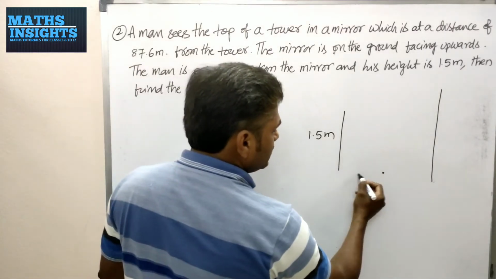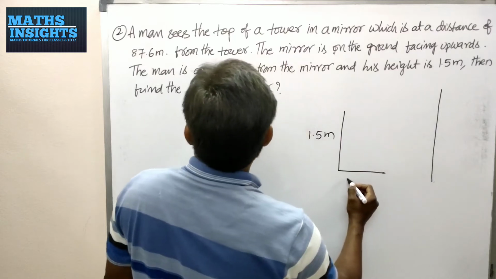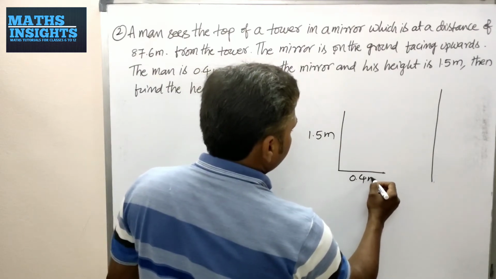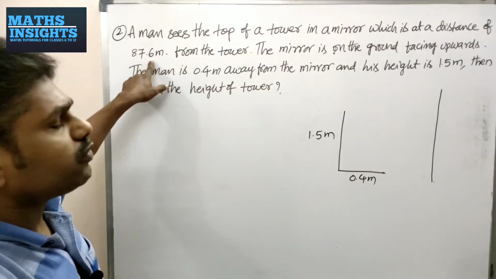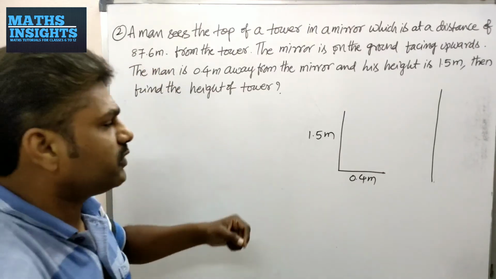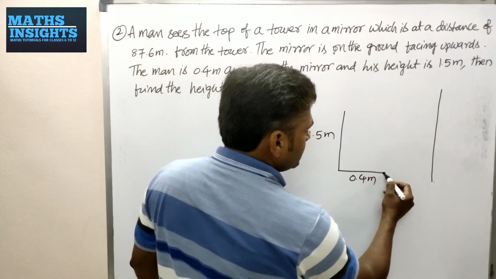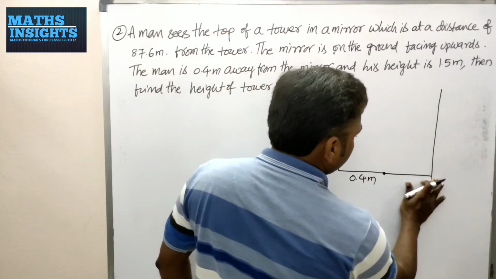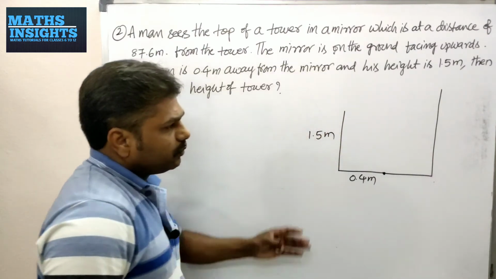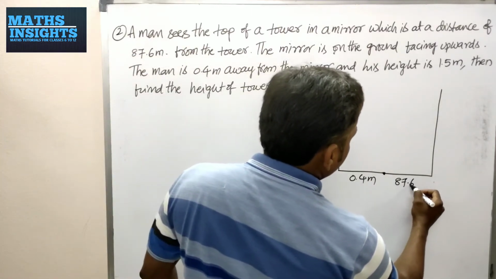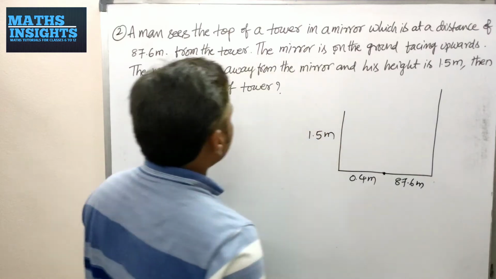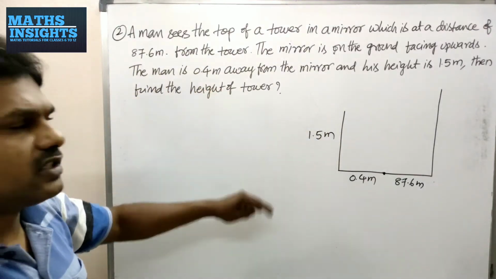The tower is 87.6 meters away from the mirror. Then the question is, what is the height of the tower?